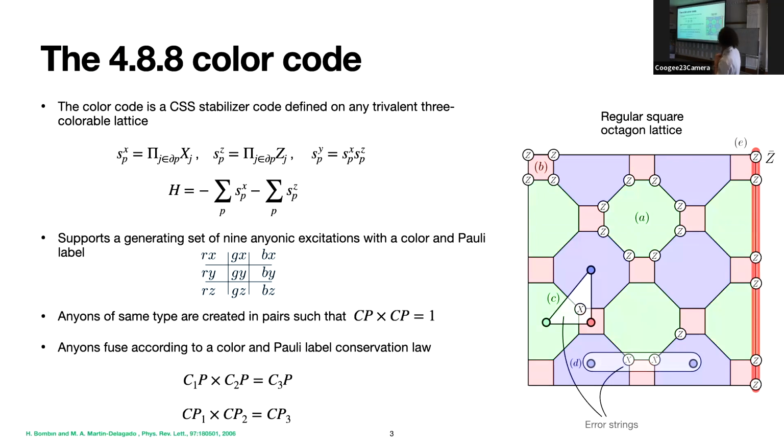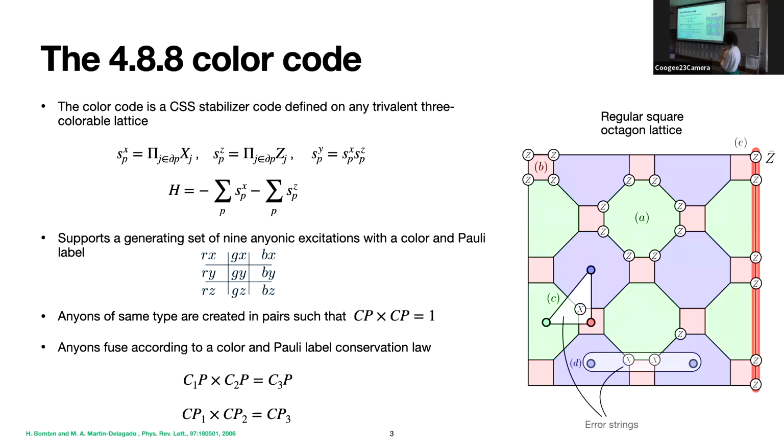Okay, so the color code is a CSS stabilizer code. I think most of you are really familiar with this. It's defined on a 3-colorable lattice. Here is just a square octagon version of it; usually it's hexagonal in most papers. The qubits are placed on the vertices, and the stabilizers are products of X Paulis and Z Paulis defined on all the plaquettes of the code.